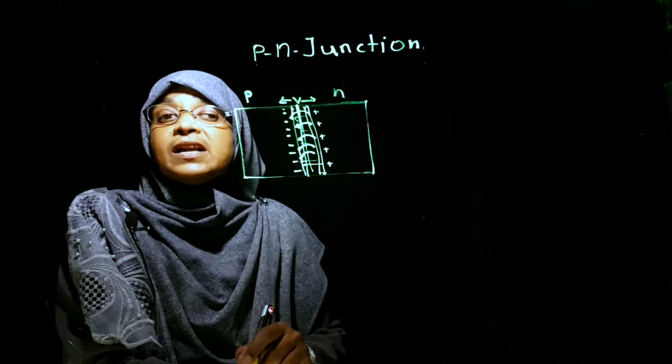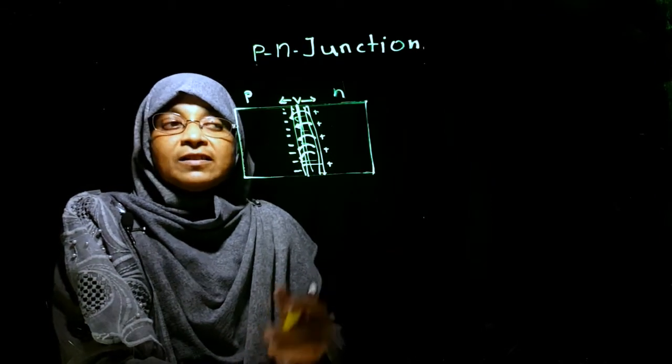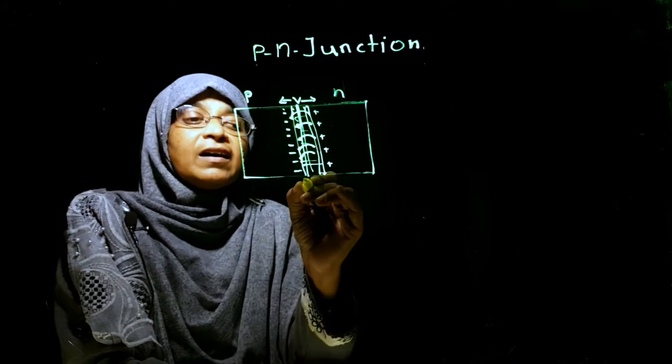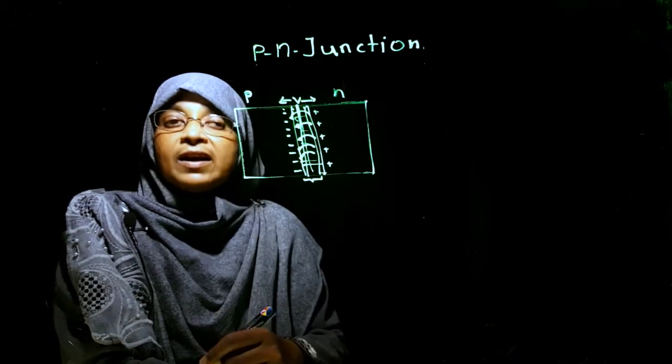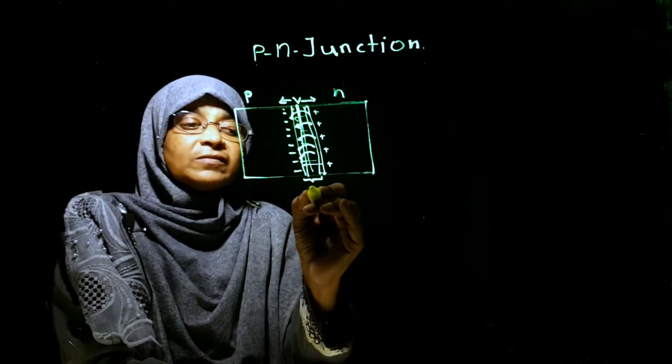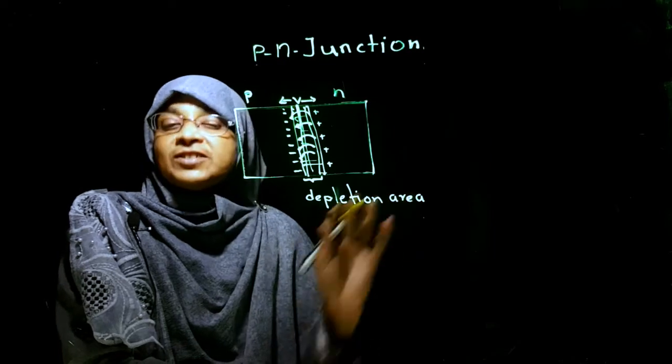This potential difference is called the barrier potential. This area is called the depletion area, or depletion region.